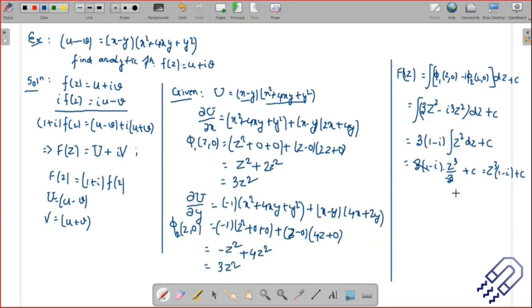So I have this now, but I don't need capital Fz, I need small fz, right? So if we just check here, capital Fz is 1 plus I into small fz, right? So that means small fz would be capital Fz divided by 1 plus I, right? Don't get confused here, check this and you'll remember this.